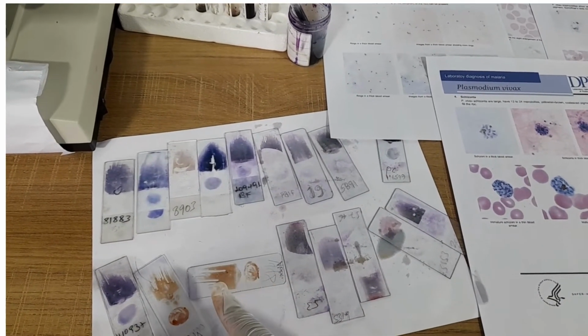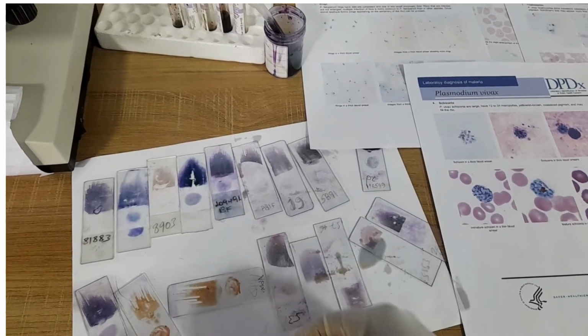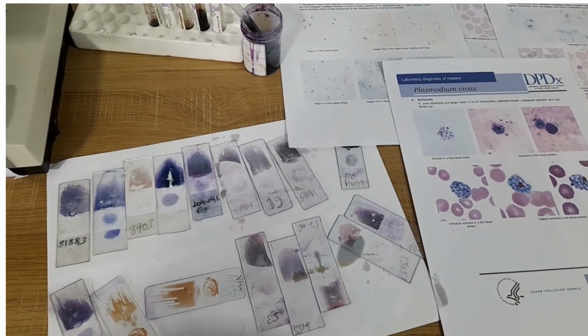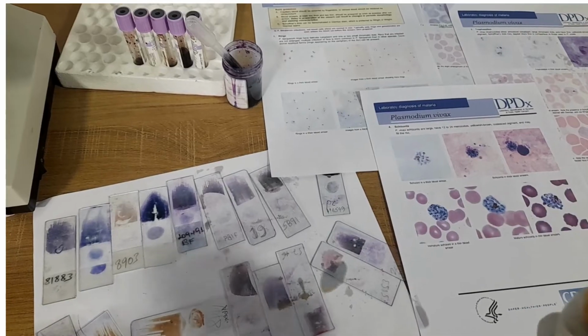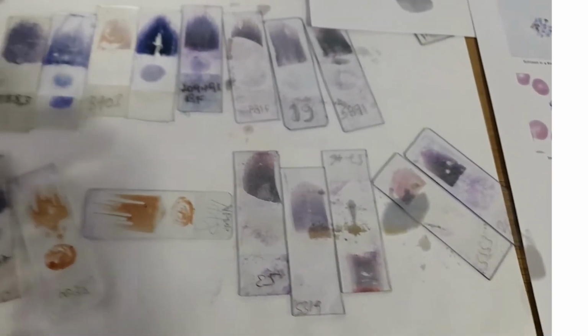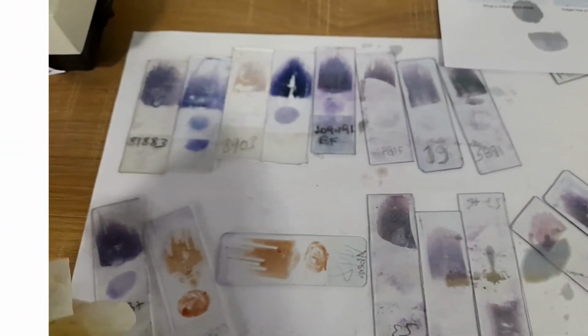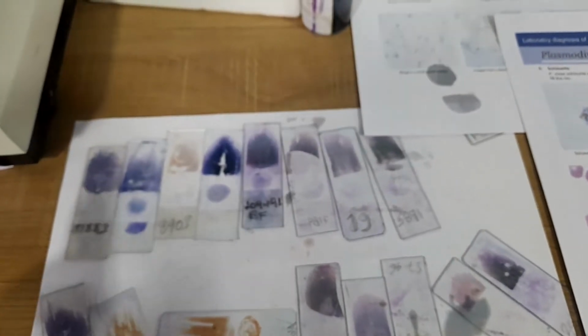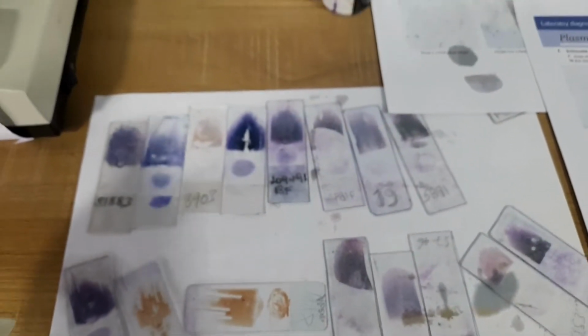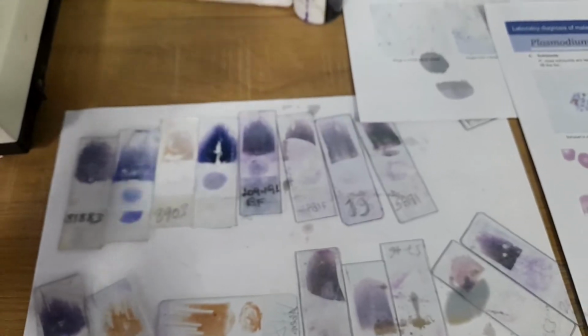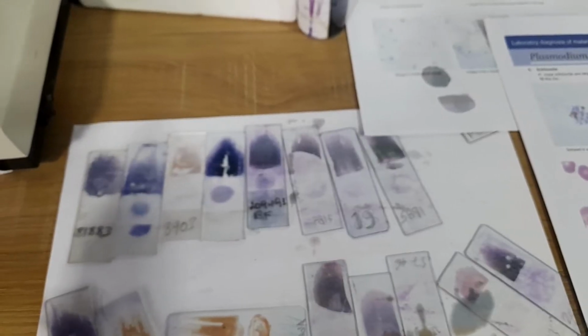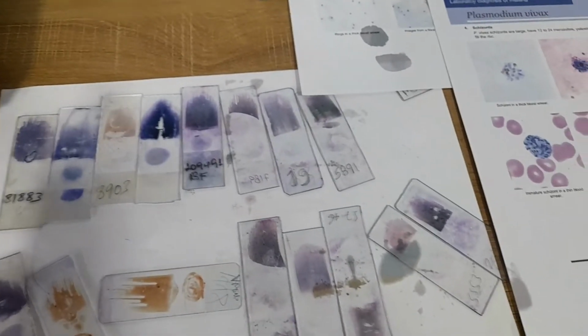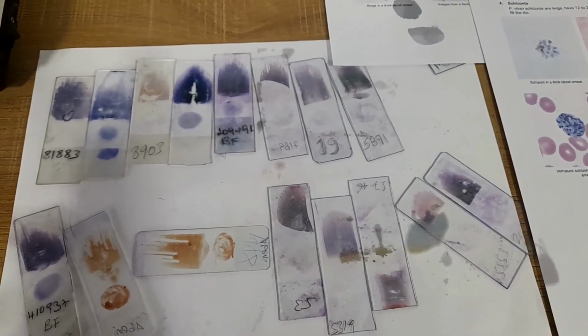This film will be stained by a Giemsa stain so that the parasite will get a color. After preparing a thick and thin blood film, the film will be stained with Giemsa stain to give color to the parasite. Then it will be left for 10 minutes so that the stain is imparted to the parasite's structure.